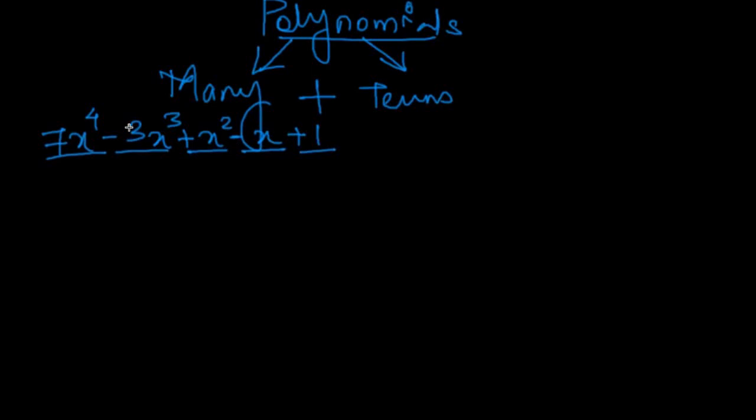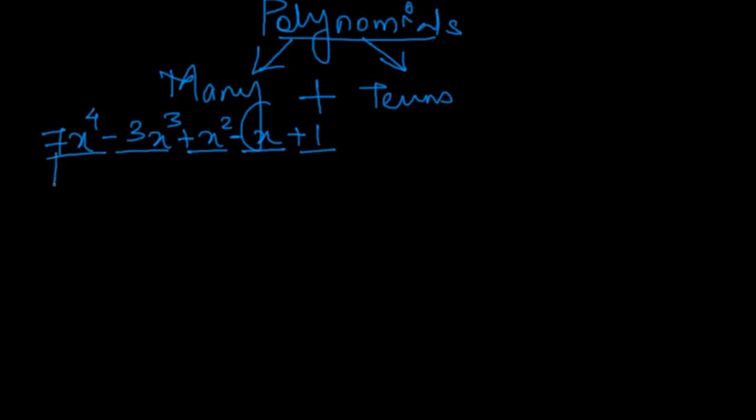Now the next thing that we need to study is what are the variables and what are the coefficients. Here you can see the entire polynomial equation involves only one variable, that is x. So this is a polynomial in one variable, and that variable is x.